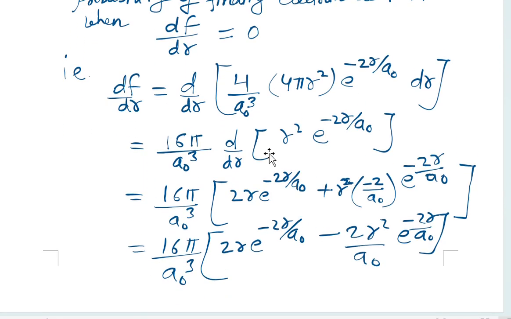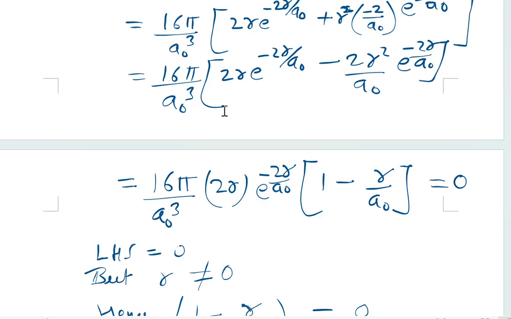When we differentiate, we get 16 pi by a0 cube times 2r, the derivative of r square, into e to the power minus 2r by a0, plus r square into the derivative of the exponential term, so it is minus 2 by a0 into e to the power minus 2r by a0. Ultimately it becomes 16 pi by a0 cube into 2r e to the power minus 2r by a0 minus 2 r square by a0 into e to the power minus 2r by a0.